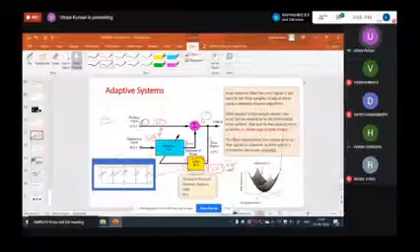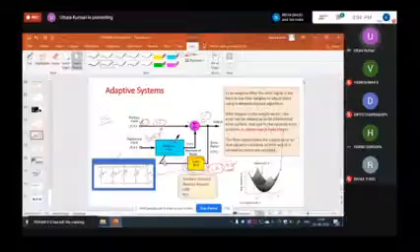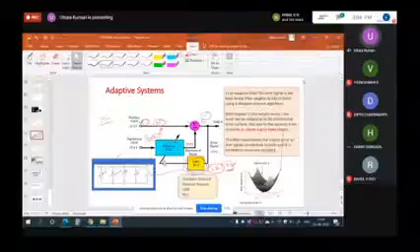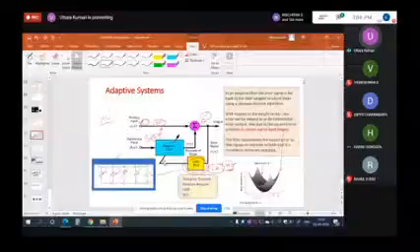So here, most of your mobiles have this particular kind of feature. How is it? Suppose you are standing in a railway station. Okay. In the first few milliseconds or microseconds, whatever noise is there, that is the desired noise, and that has to get subtracted from the signal that is coming.